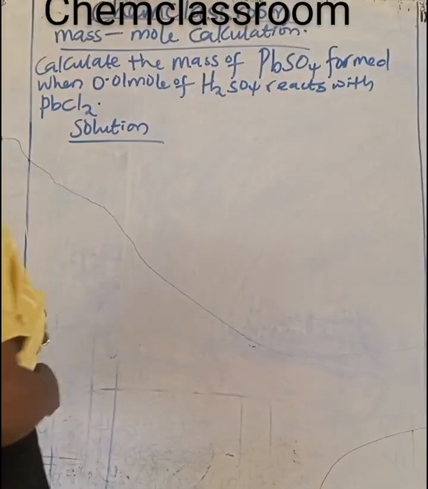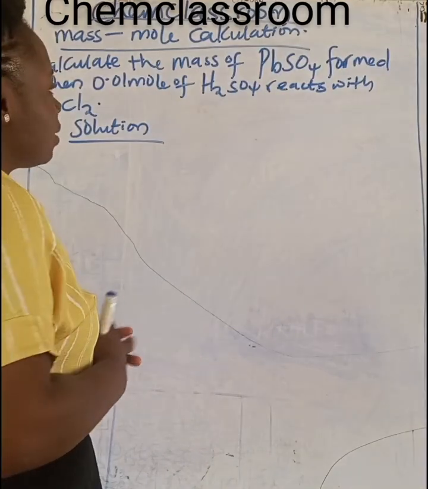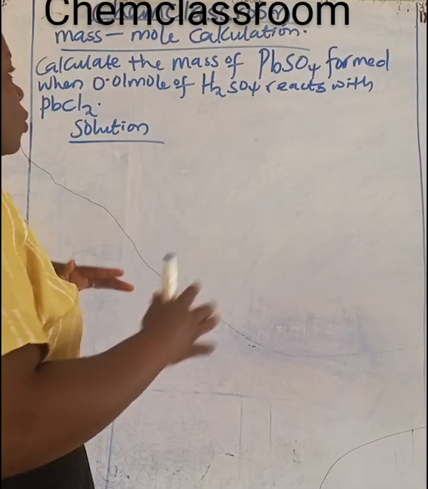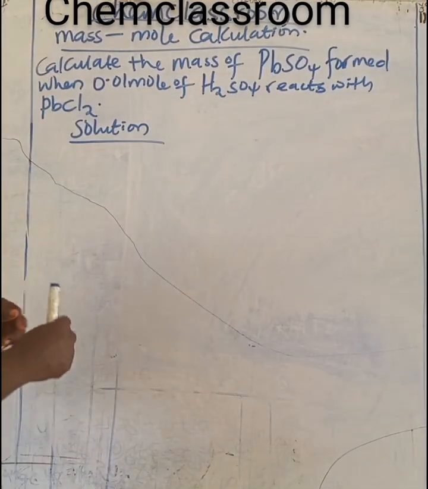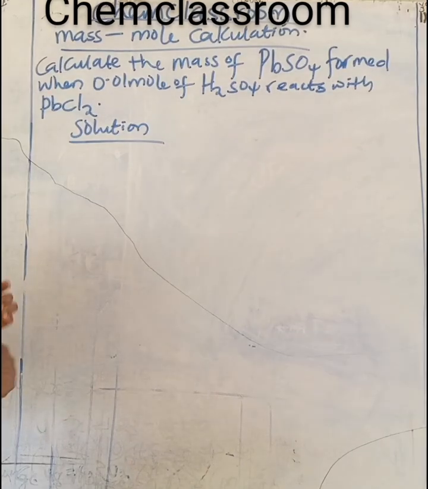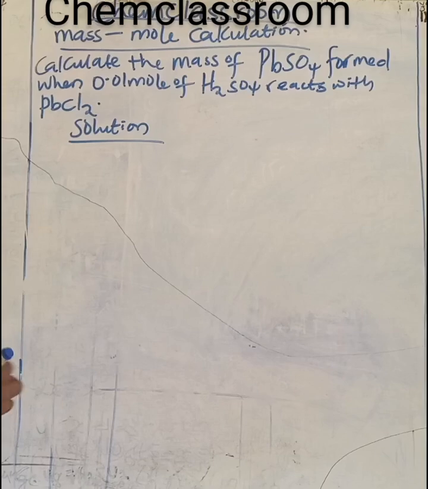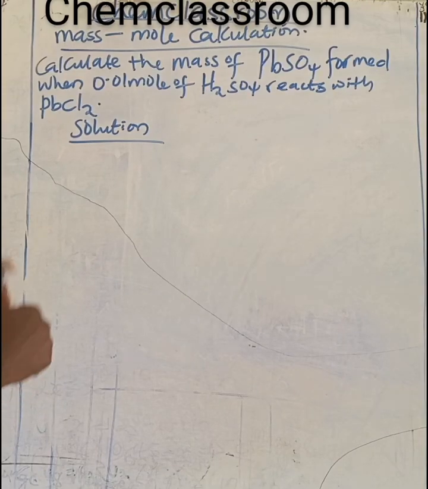Okay, so mass to mole calculation. Calculate the mass of lead tetraoxosulfate 6 formed when 0.01 mole of hydrogen tetraoxosulfate 6 reacts with lead chloride. So the first thing we are going to do here is to write the reaction.